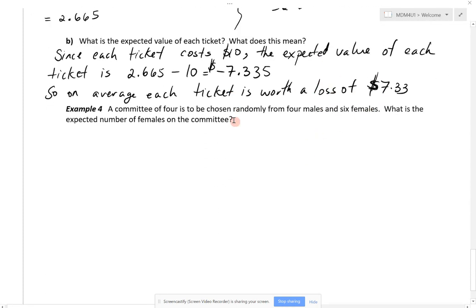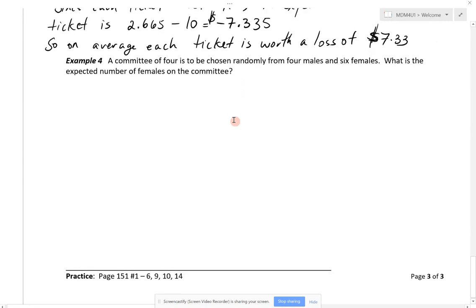Okay. So example 4: a committee of 4 is to be chosen randomly from 4 males and 6 females. What is the expected number of females on the committee? So the expected value, E of x, is equal to the sum of all outcomes times the probability of each outcome. So I need the expected number of females.